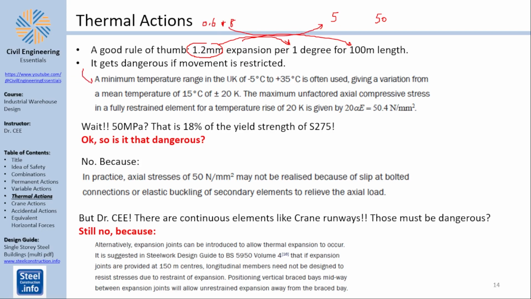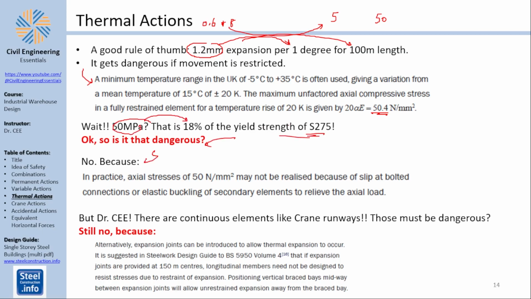There is a lot to be talked about here. The reference basically argues that there might be even a temperature rise with a resulting stress of 50 megapascals. So this is really huge because this is around 18% of the yield strength of the steel. So is it really dangerous?